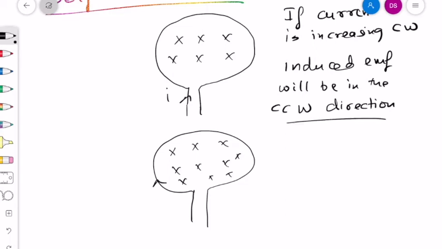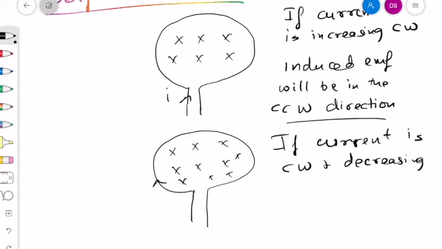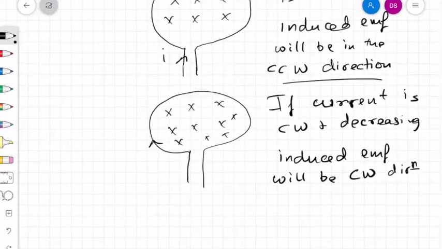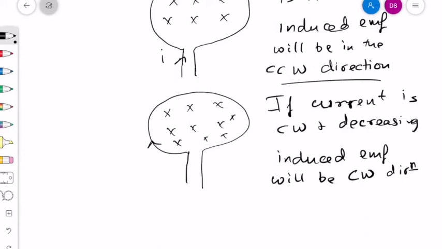So if the current is clockwise and decreasing, the induced EMF would be in the clockwise direction. Right? So once again, the induced EMF will oppose the change in the current. This tendency of an inductor to oppose changes in current flowing through it is the self-inductance.